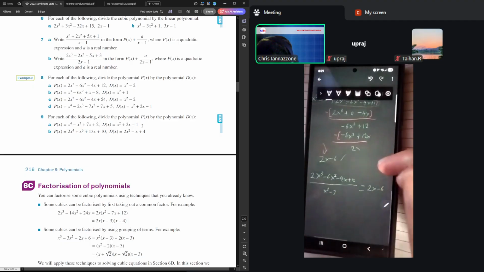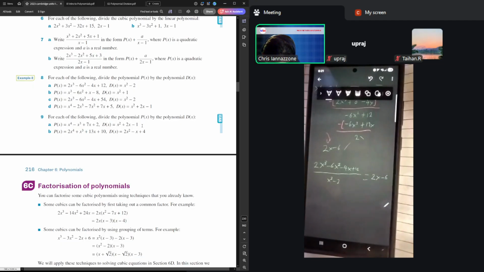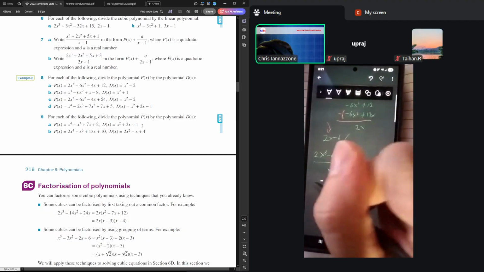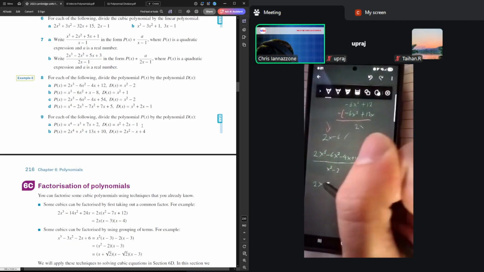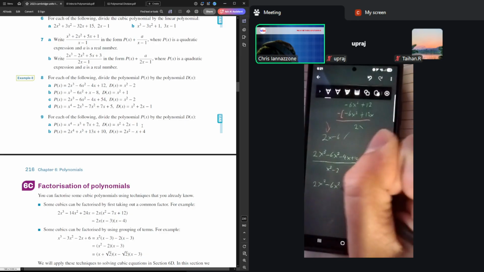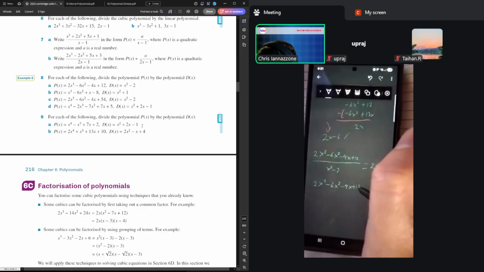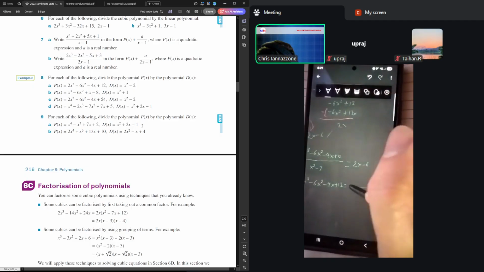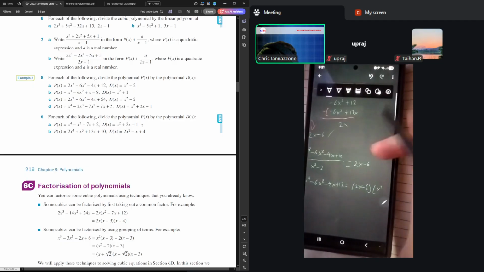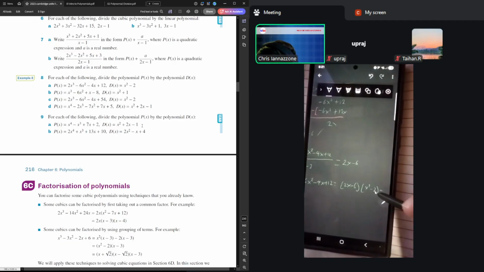That's what we've achieved by doing our polynomial division. We take this factor and bring it over to the right hand side: 2x cubed minus 6x squared minus 4x plus 12 is equal to (2x minus 6)(x squared minus 2).